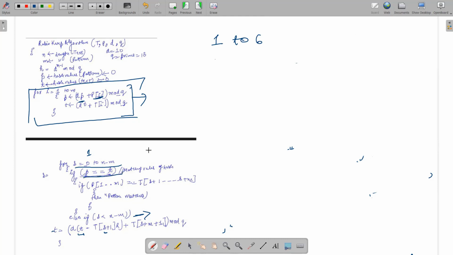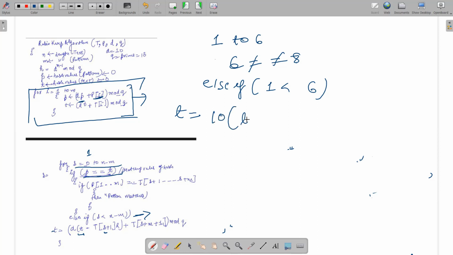We will check P equal to T. So P value was 6 and T value was 8. This unfortunately was not matching. So we will again write else if 1 is less than 6. Obviously 1 is less than 6. Then we will calculate D equal to 10 minus T, and T value now actually is not 10 anymore. It is 8 minus T of S plus 1. So S is your 1 value that you have taken, 1 plus 1.